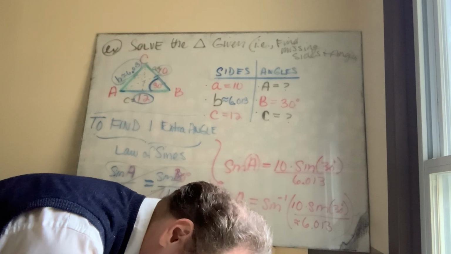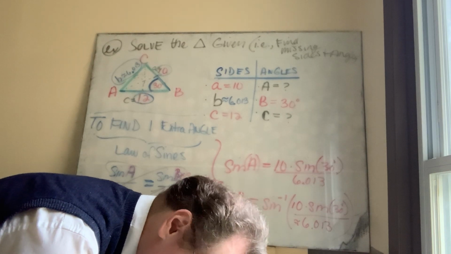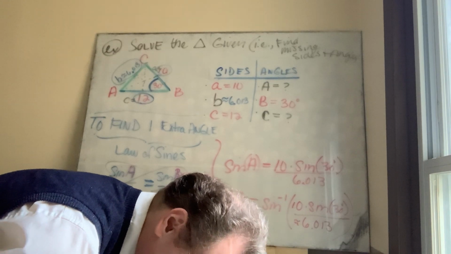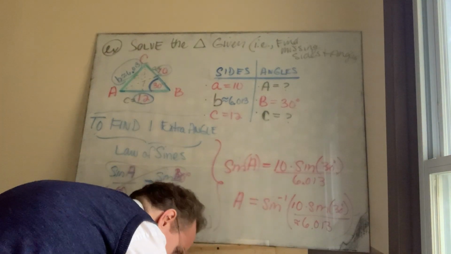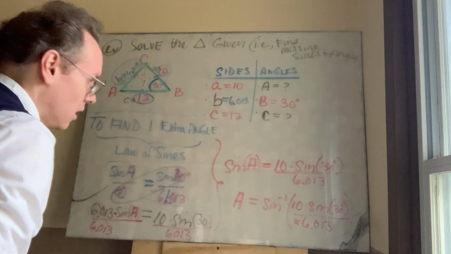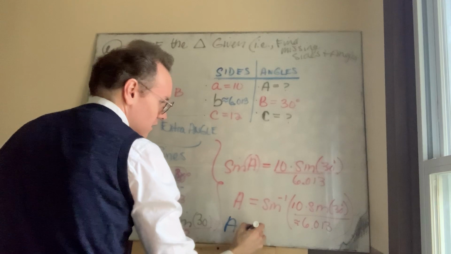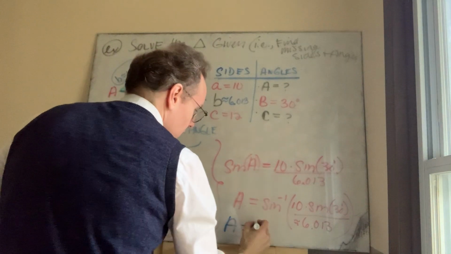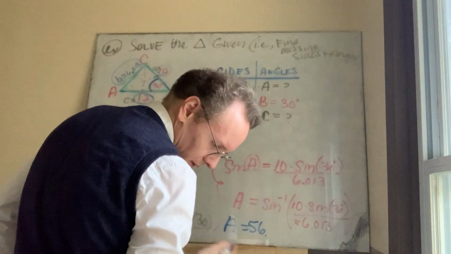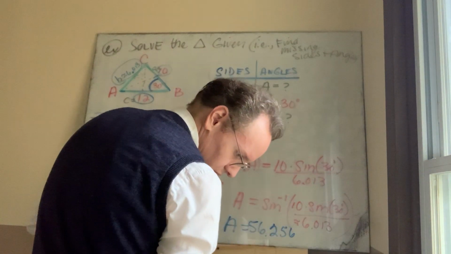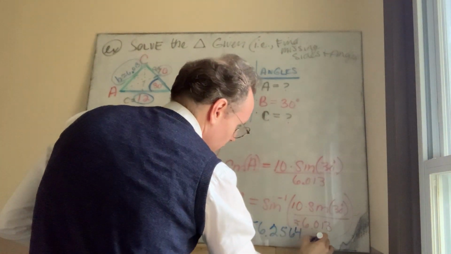Let's see. In theory, because I'm working with a rounded number, I would probably have to round to the same place. So this is what you would get on your screen, 56.2564, whatever it is, into infinity.